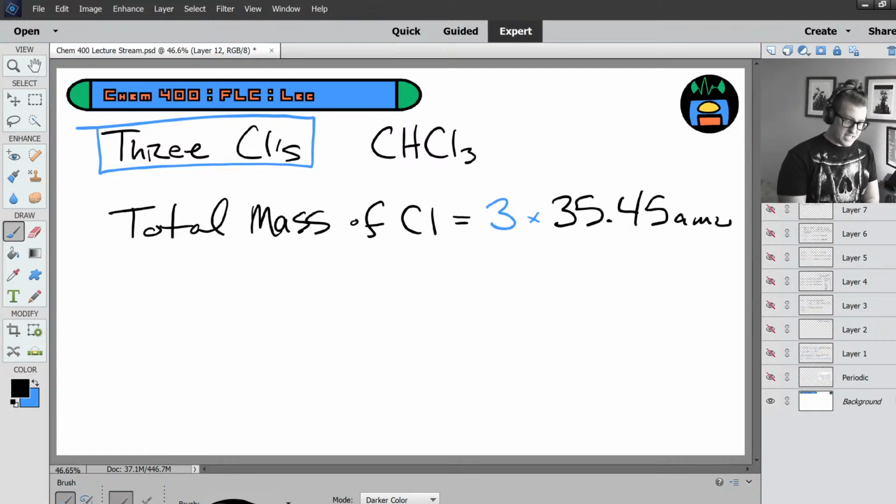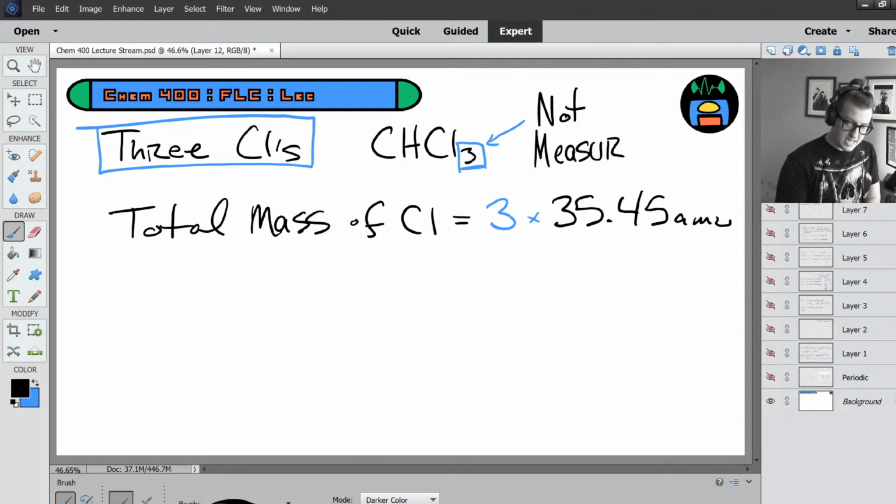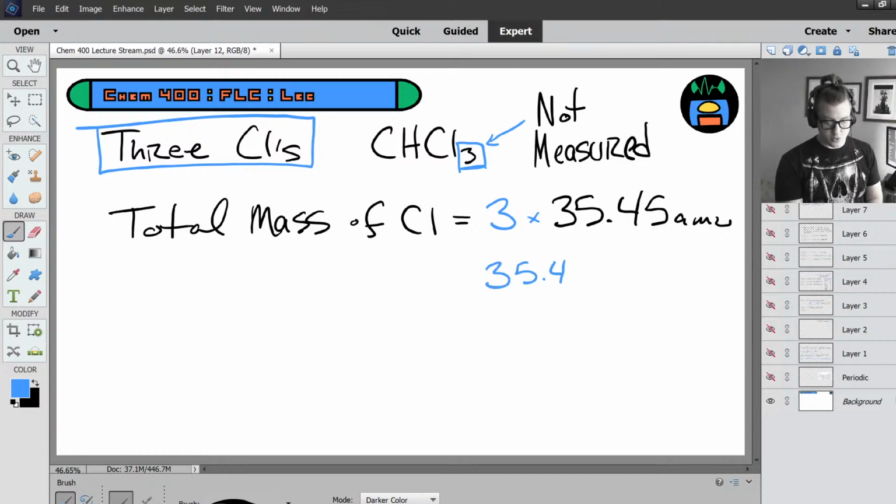But this 3 that we're multiplying comes from the subscript, and this is not measured. That is an exact value. There are exactly 3 chlorines, and so the act of multiplying an exact quantity is literally saying: sum this 3 times.